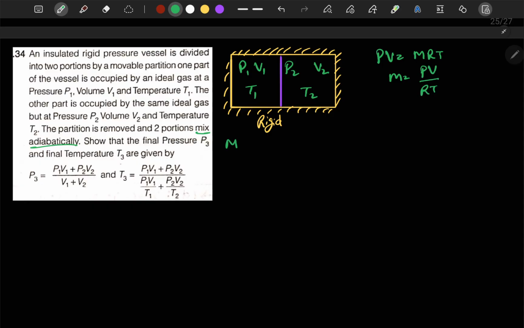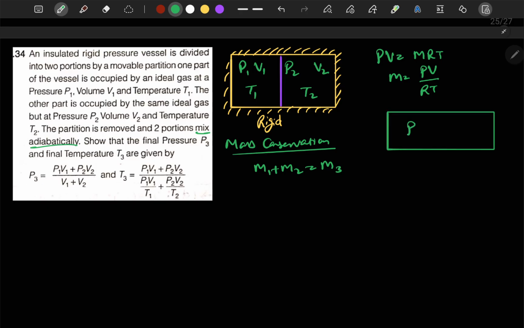From this, applying mass conservation, we can say that m1 plus m2 is equal to m3, the mixed mass after mixing. Let's say that after mixing the system becomes P3, V3, T3.